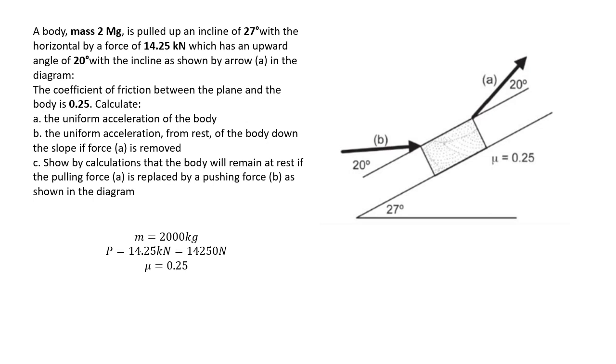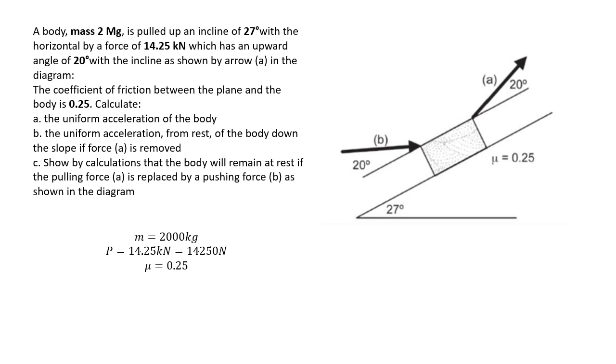So pretty much the weight of the body just letting it slide down the slope. And then C, show by calculation that the body will remain at rest if the force pulling it is replaced by another force pushing it, as represented by B.